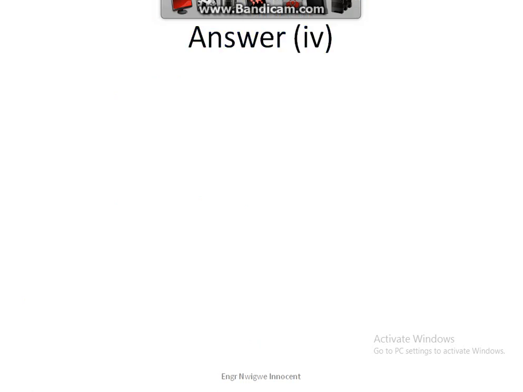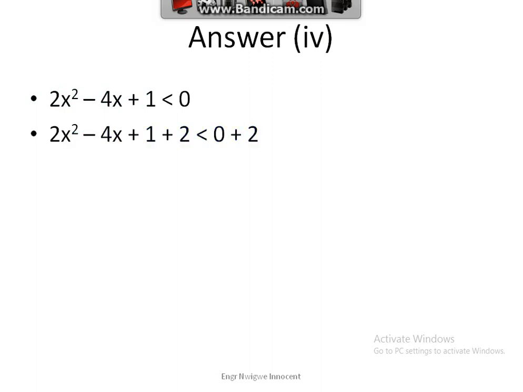Asked to find the range of values of x for which 2x squared minus 4x plus 1 is less than 0. Then you go to the graph and find y equals to 0. At that point, we find the range.